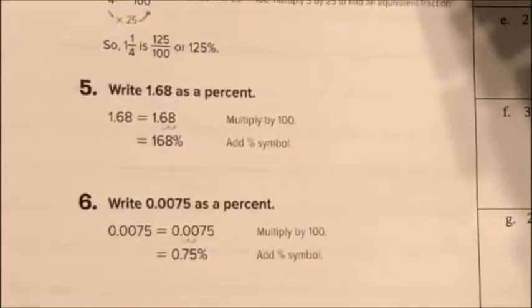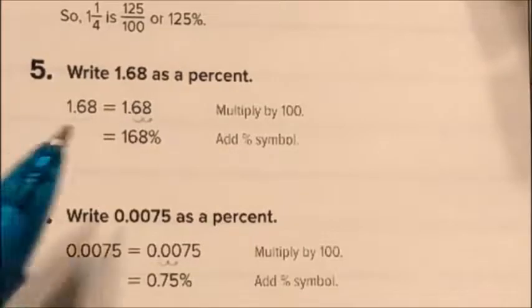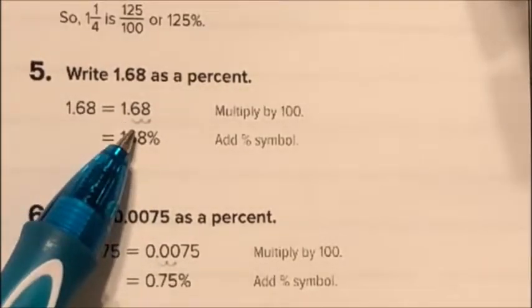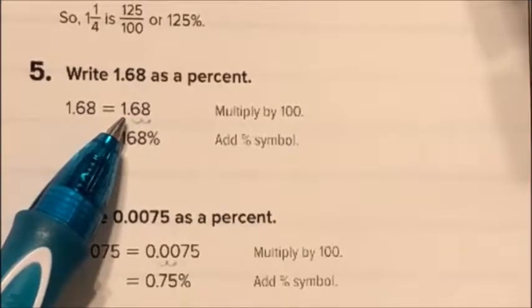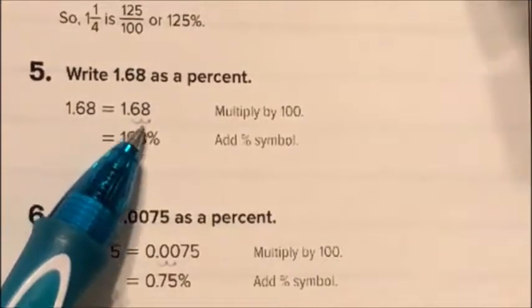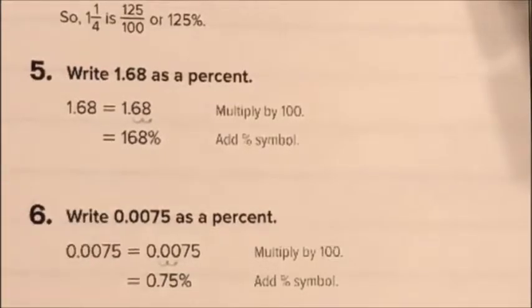Number 5 says write 1.68 as a percent. So I'm going to take 1.68 and I'm going to move the decimal 2 places to the right. When I do that, I get 168%.